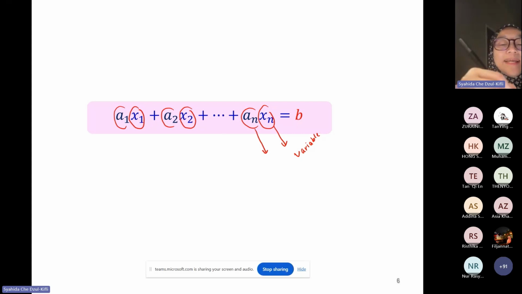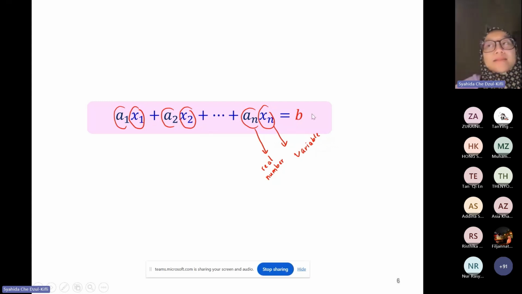And the a's are any real numbers including 0. So a1 is a coefficient for x1. The real number a1 is a coefficient for variable x1. The same goes for the other real numbers a2 up to an.